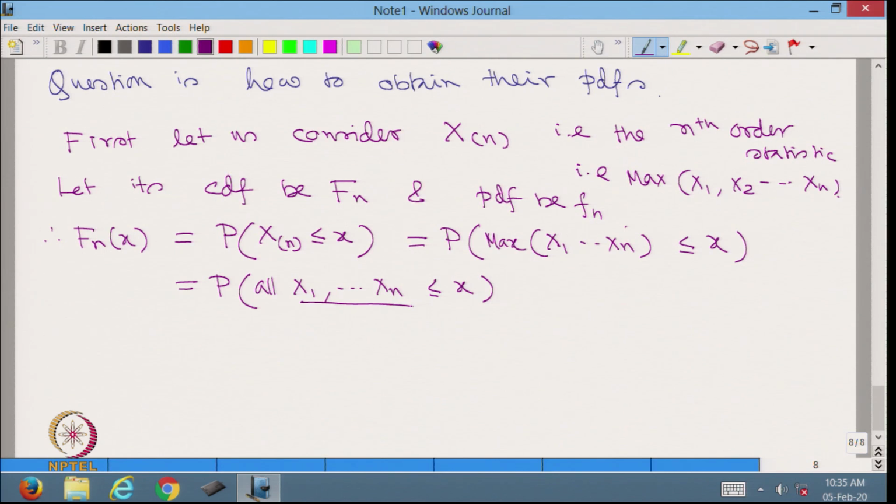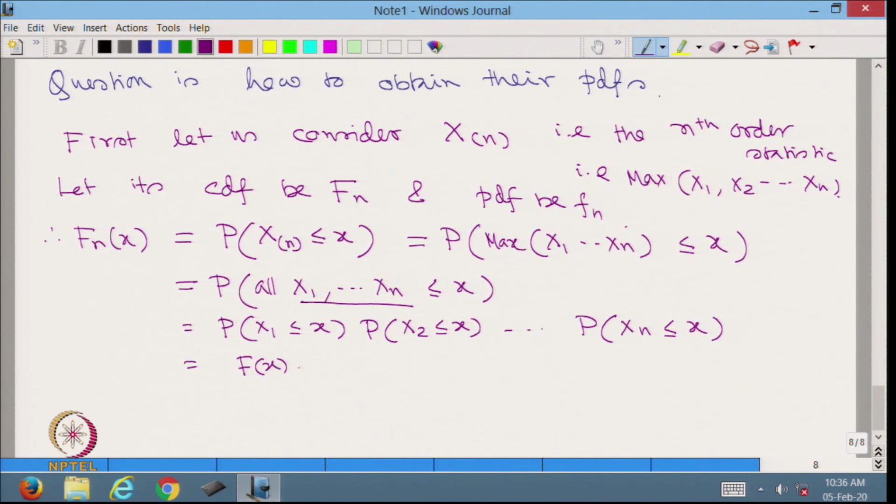And since they are independent and identically distributed, this is equal to probability x1 less than equal to x, probability x2 less than equal to x, and probability xn less than equal to x, is equal to F(x) into F(x) into F(x) n times, is equal to F(x) whole to the power n.